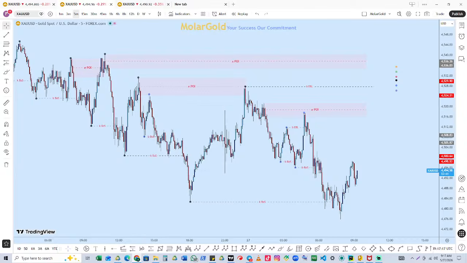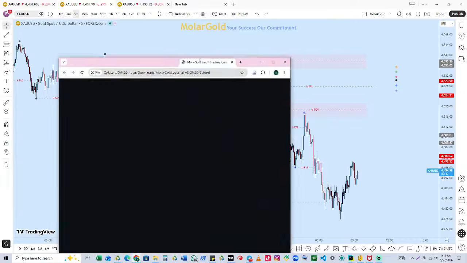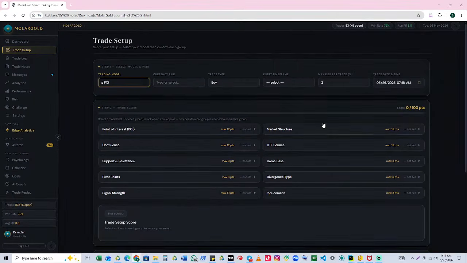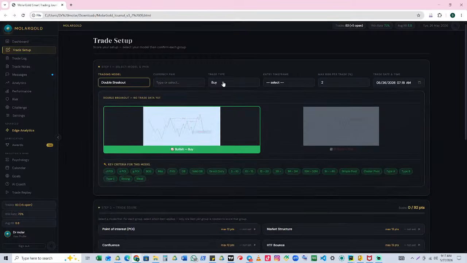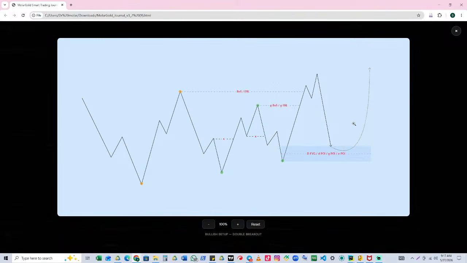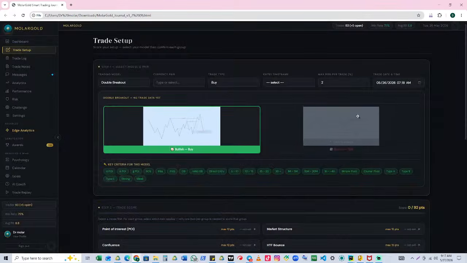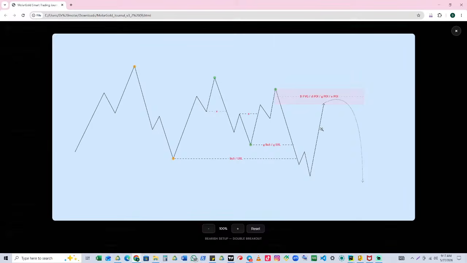Okay, so let me bring out the journal. So bringing out the journal, and we are going to look at double breakout. So this is how the double breakout looks. In fact, this one is for the sellers. So you can see we have a double breakout. So this is what we call a double breakout.